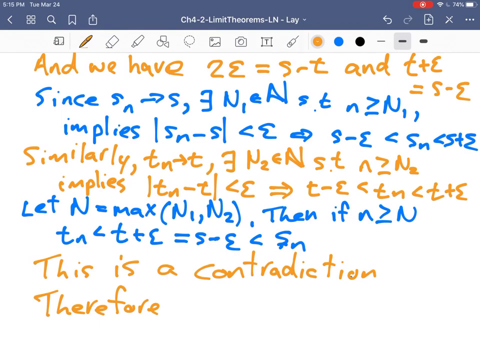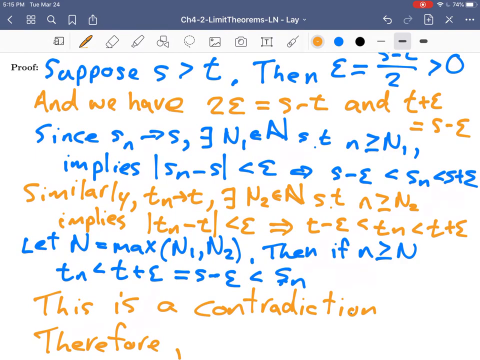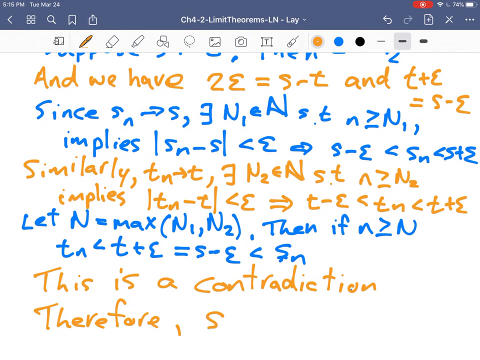This is a contradiction. Therefore, it's not true that S is greater than T. In fact, S must be less than or equal to T, right? By trichotomy.